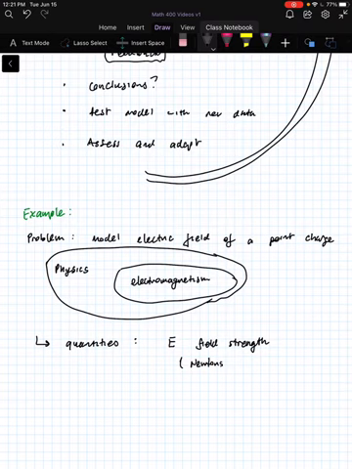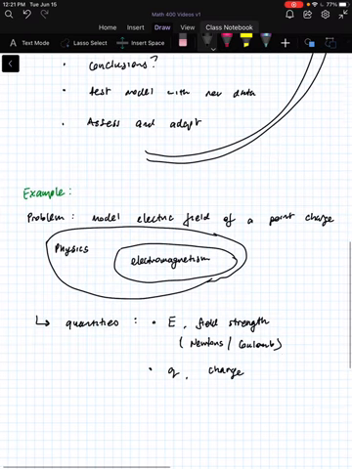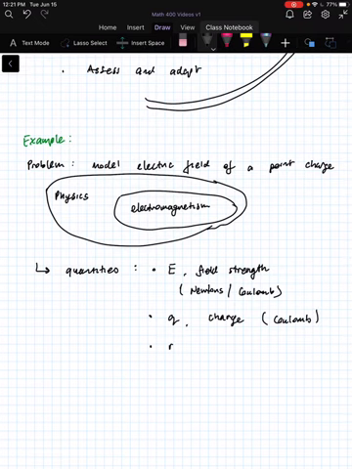And that has newtons per coulomb units. We're talking about charge, in coulombs. And distance in meters. Typically scales much smaller than meters.